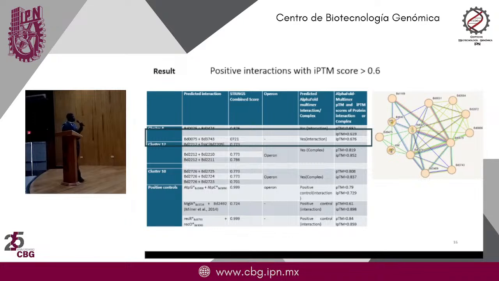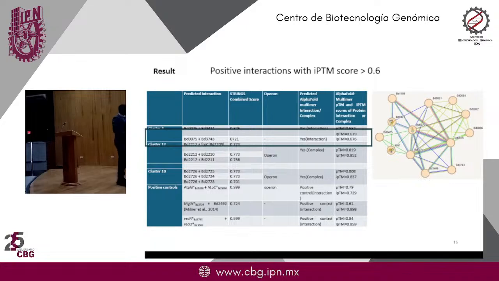So what I'm trying to explain here is that BD0075 is able to interact with 474, and also able to interact with 3743.